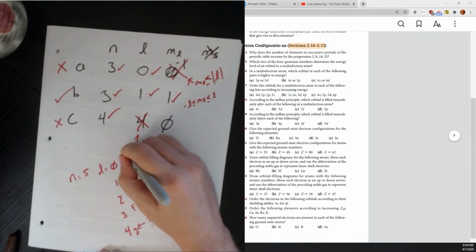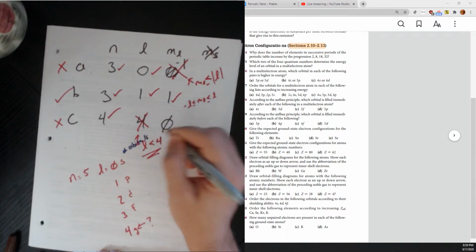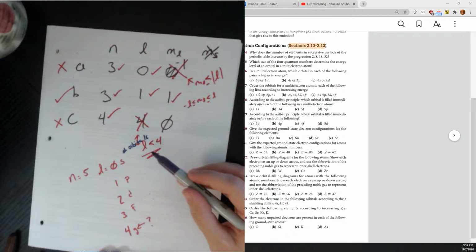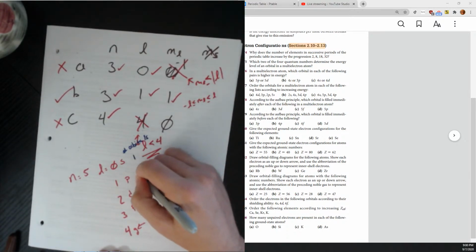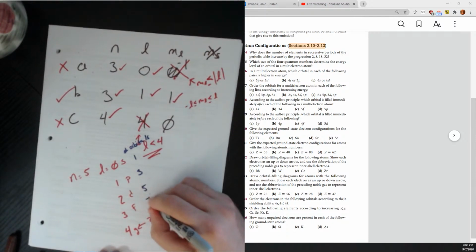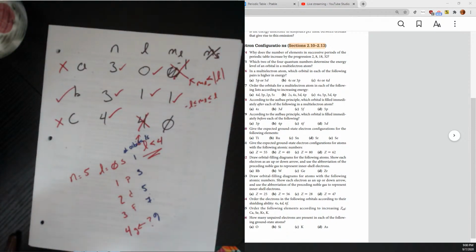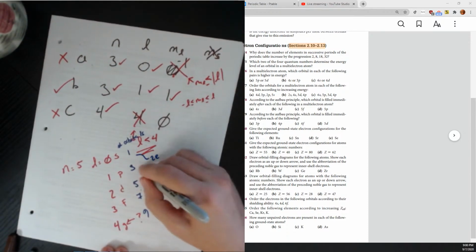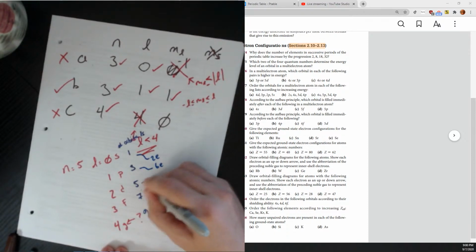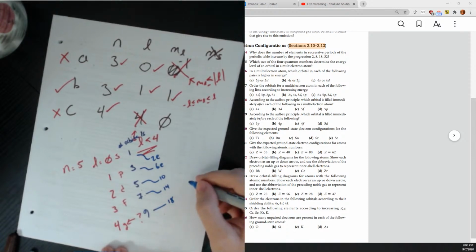So number of orbitals. Okay, so m sub l goes from -l to +l, so it's going to go up by odd numbers. So the number of orbitals is 1, 3, 5, 7, and technically 9. So you can have 2 electrons in each orbital. So that means you can have 2 electrons there, 6 electrons, 10, 14, and technically 18.